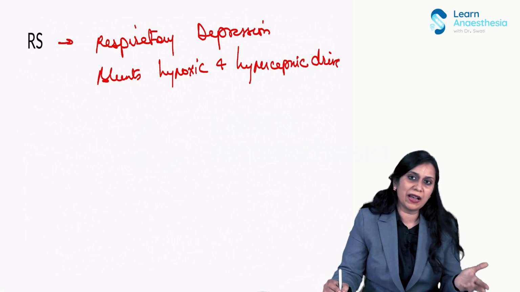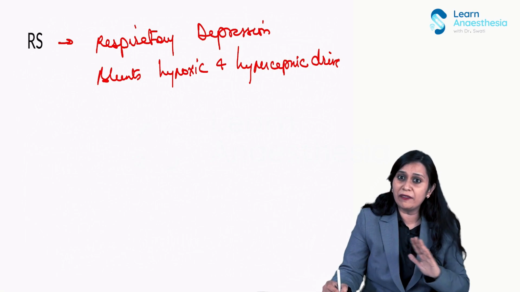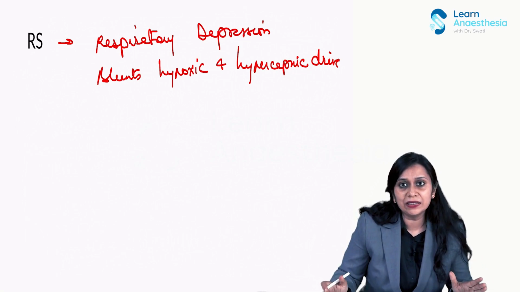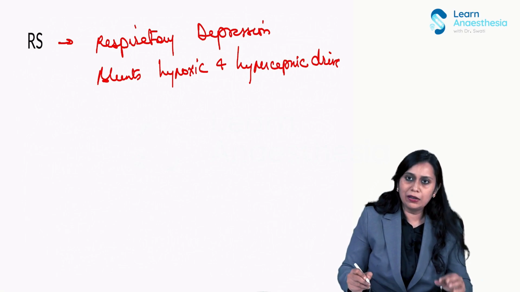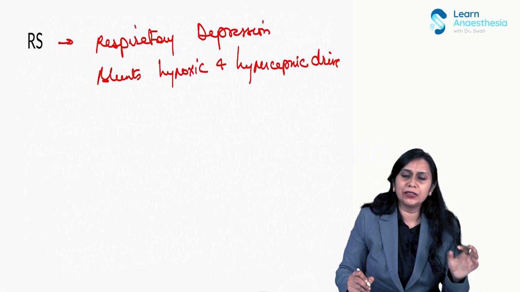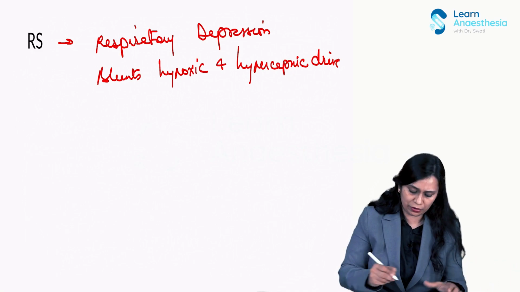Then it is a bronchoconstrictor. It can cause bronchospasm and laryngospasm. Till now, we haven't discussed any anesthetic agent which is a bronchoconstrictor. This is a bronchoconstrictor, so in patients with reactive airway, it is preferably not to be used.